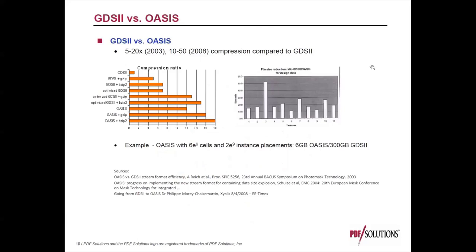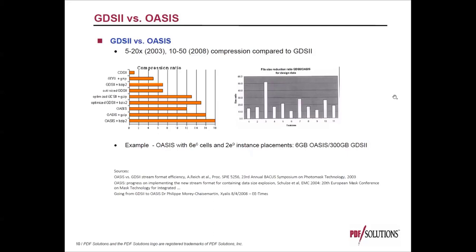But for instance, there was one paper from 2003 where they determined they can reach 5 to 20x compression. So if you have the raw GDS compared to all variations, GDS plus zip, plus different kinds of zipping tools, or then OASIS and OASIS zipped and so forth, they reached up to a compression of 20. A newer paper from 2008 was reaching between 10 and 50 compression.